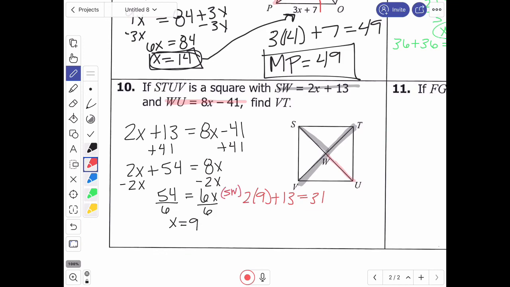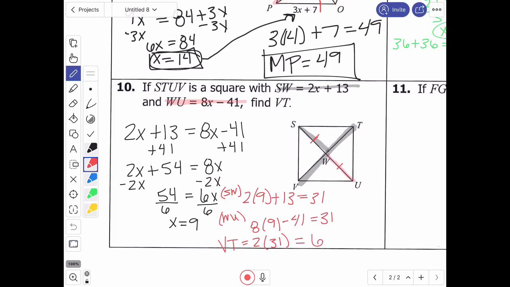And then for WU, I have 8 times 9 minus 41, which I didn't really even have to do because it should be 31. Duh. Because these are both going to be congruent. We just showed again that they're both congruent. So now to find VT, you could either add 31 twice or multiply 31 by 2.